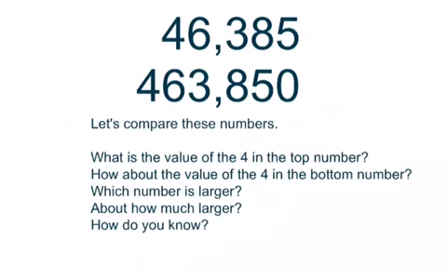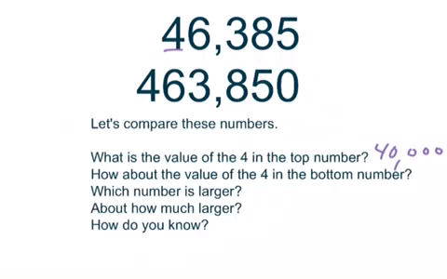Now let's do some comparing of these numbers. So you've got 46,385 compared to 463,850. So what's the value of the 4 in that top number? I hope you would say the value of the 4 in this top number, let's do a purple one, is 40,000.